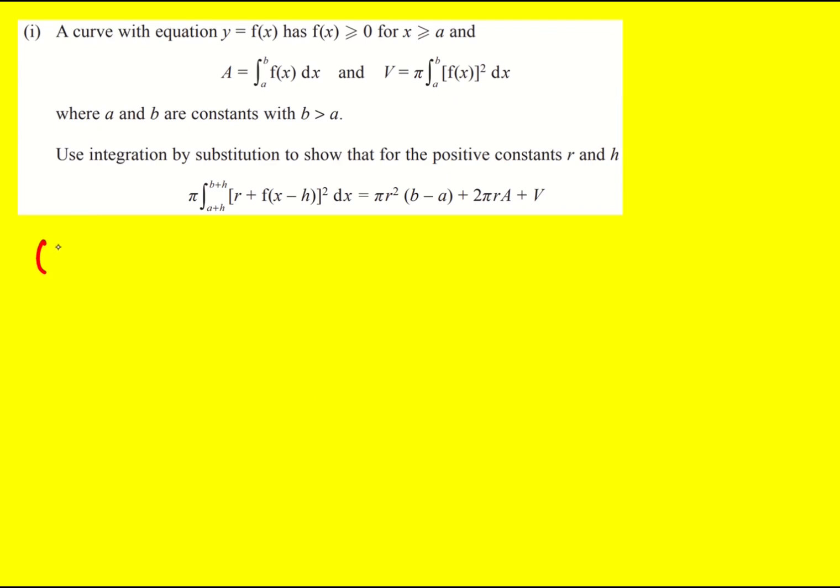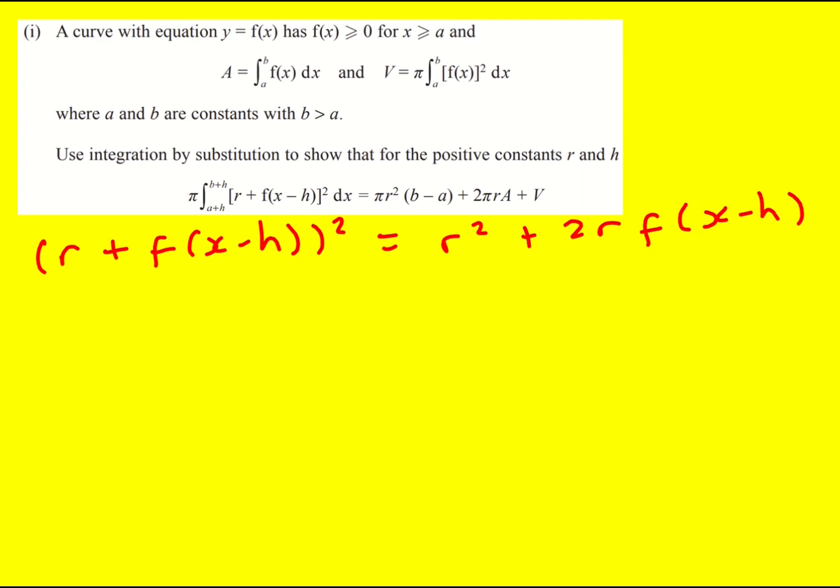So first of all, I'm going to expand this bracket, which will leave me with r squared plus 2r times f of x minus h, plus f of x minus h all squared.